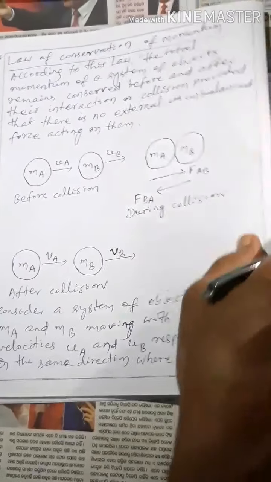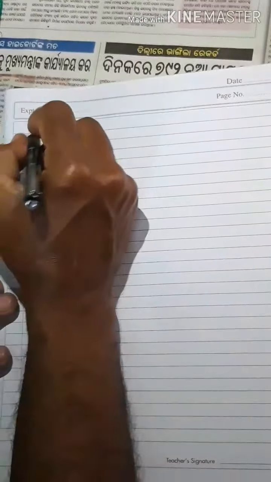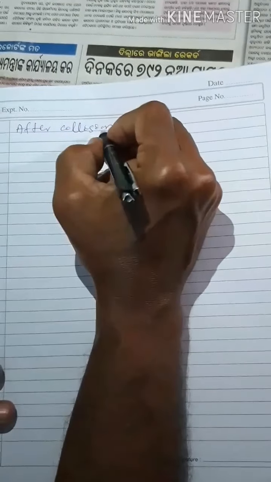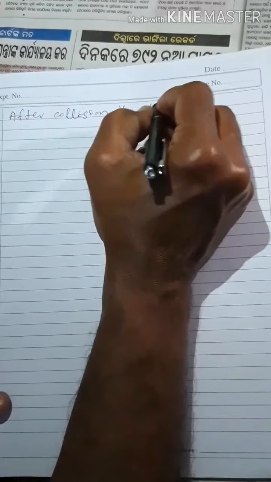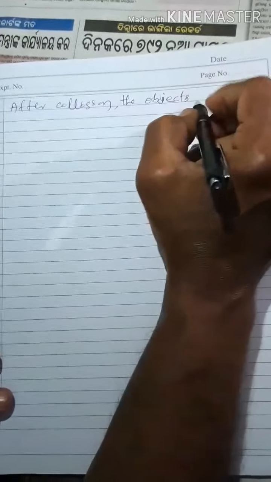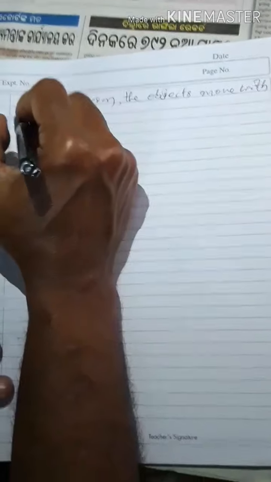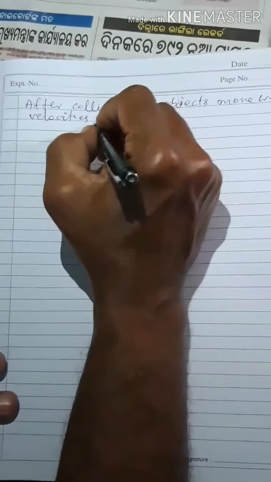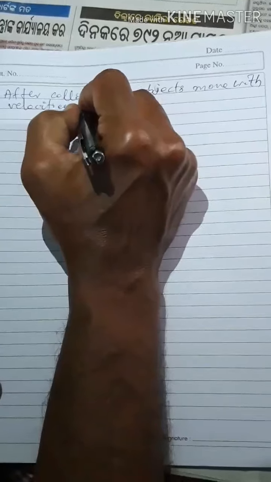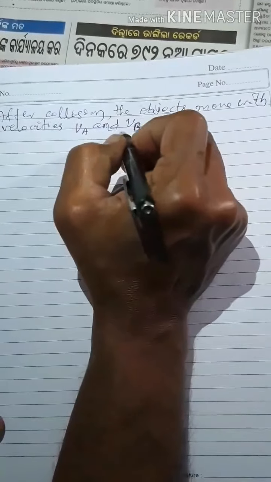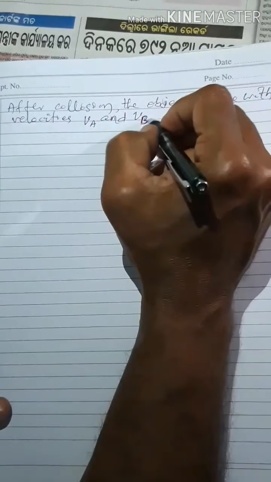Now after collision, what will happen? The objects move with final velocities VA and VB, the final velocity of A and the final velocity of B. These are the velocities after collision, VA and VB respectively.